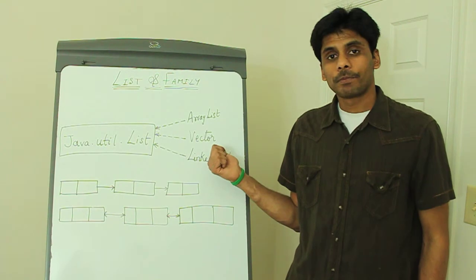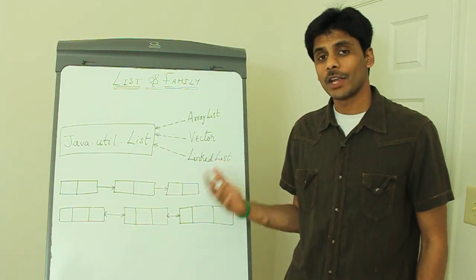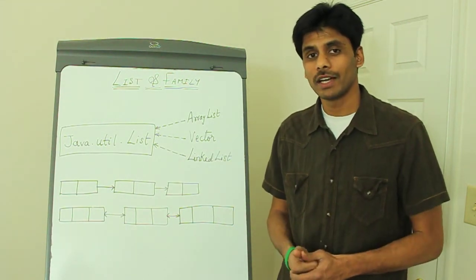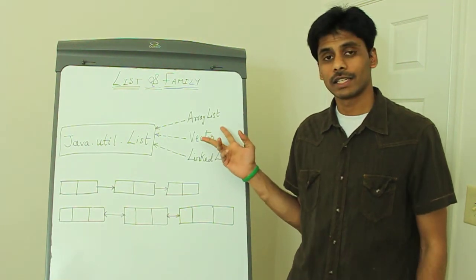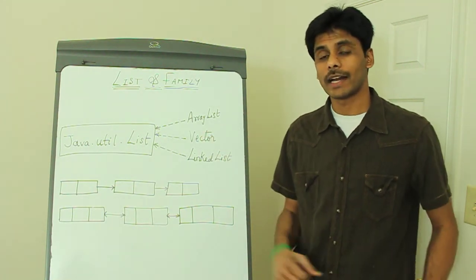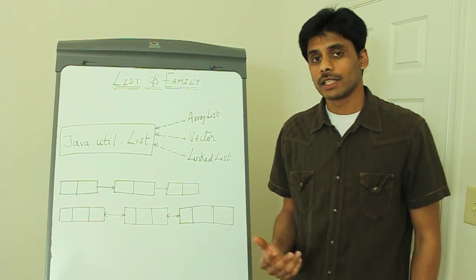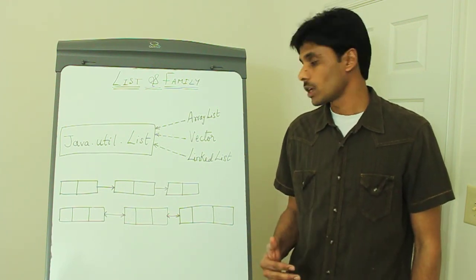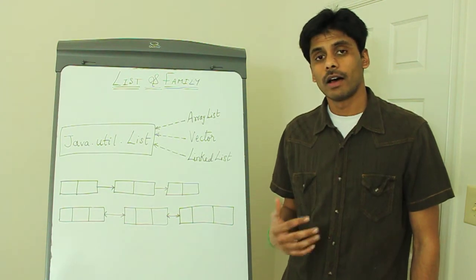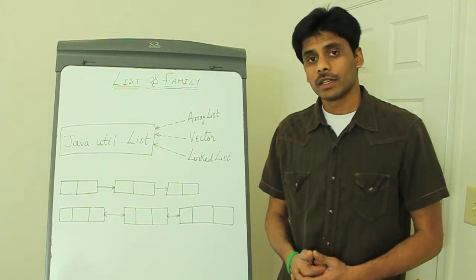A vector is a leftover or carryover class from the previous versions of Java. It's the same as an array list. It also implements the RandomAccess interface. But the difference is all the methods on a vector are synchronized.